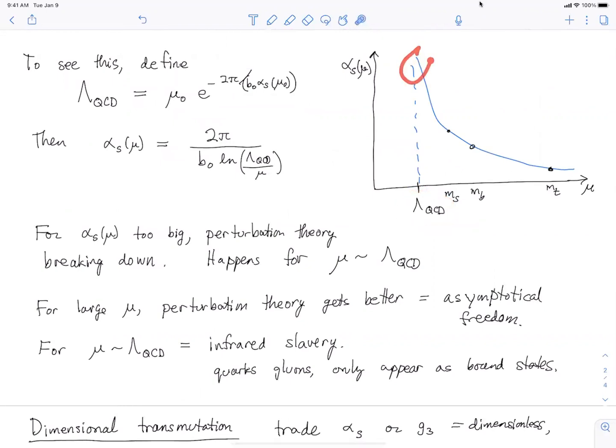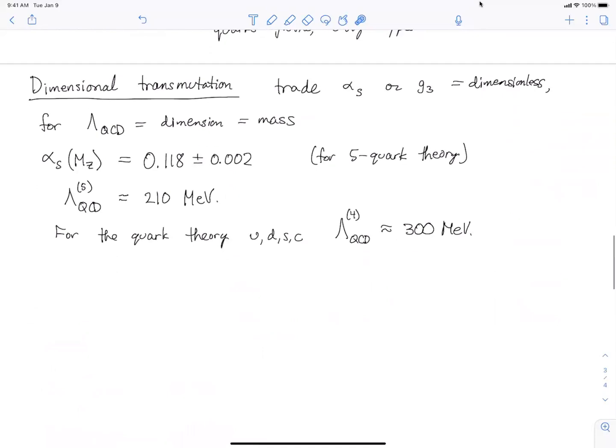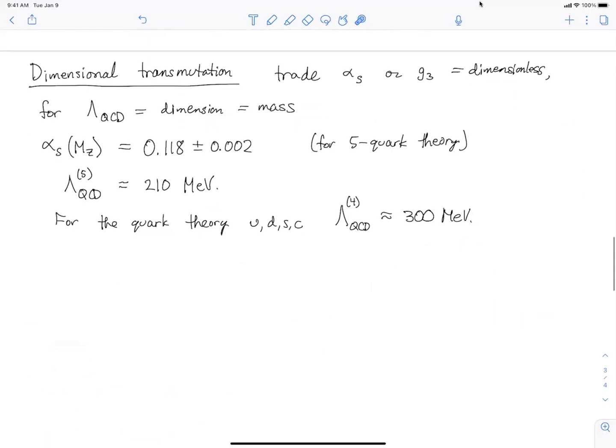If you know where it blows up, that's the same thing as knowing this whole trajectory of the coupling as a function of mu. But the actual value where it blows up depends very strongly on your effective theory of how many quarks you're treating as active. People will quote either alpha S at MZ, or they will quote lambda QCD, and usually they quote lambda QCD if they're interested in low energy stuff, and they'll quote alpha S at MZ if they're interested in high energy stuff, like, for example, top quark physics.